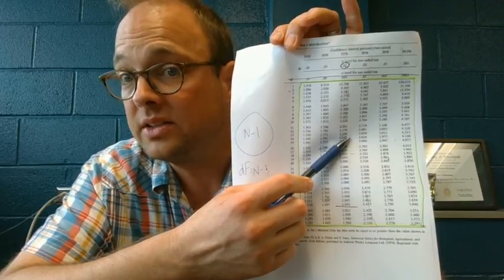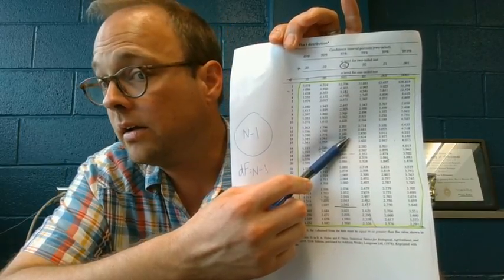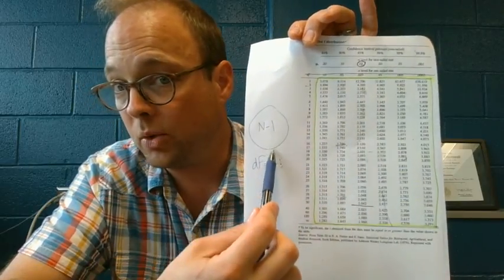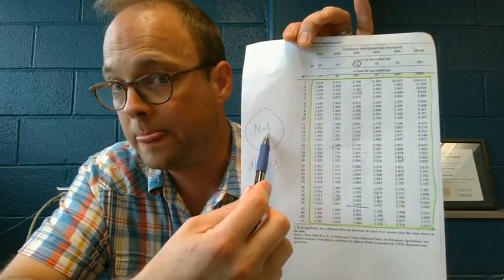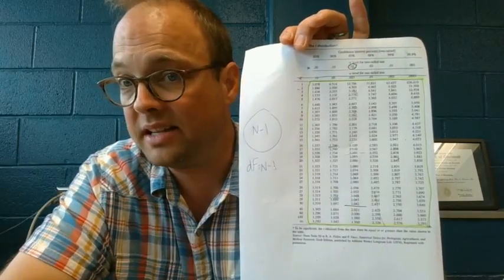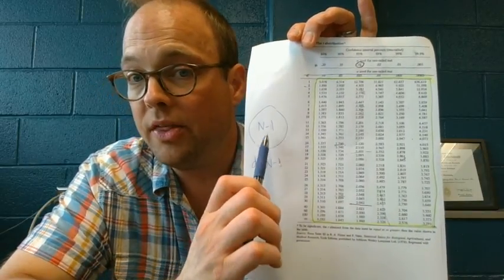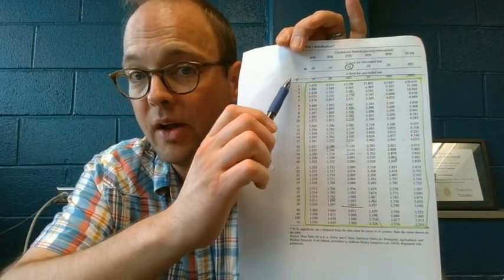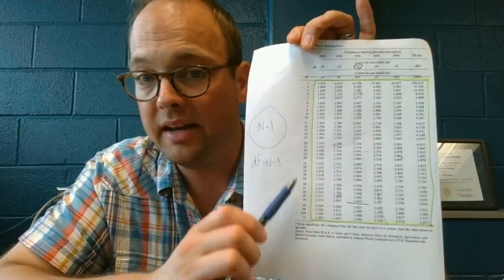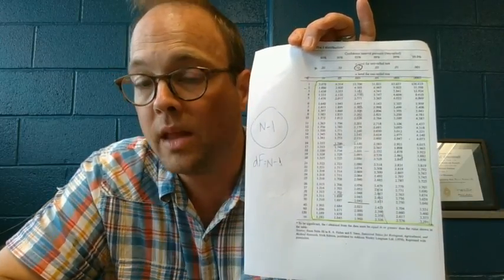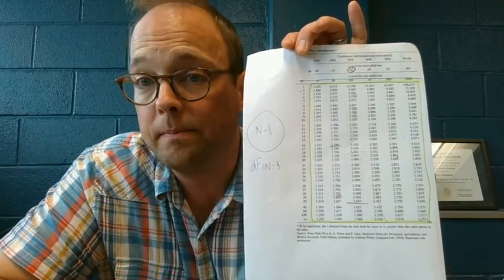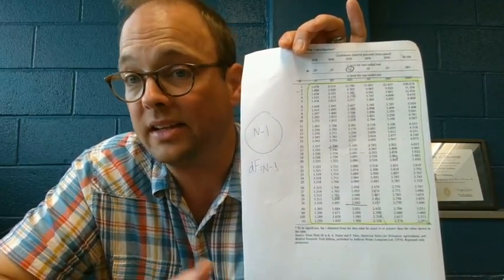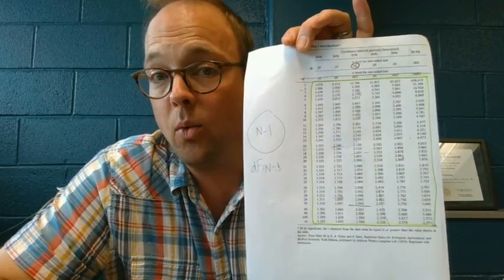What conditions? The conditions are our sample size, or more specifically, degrees of freedom, and the task at hand. We'll get to the task at hand in a little bit. But the degrees of freedom, which can be found right here, starting with 1 and ending with infinity, can be found simply by taking sample size and subtracting 1.